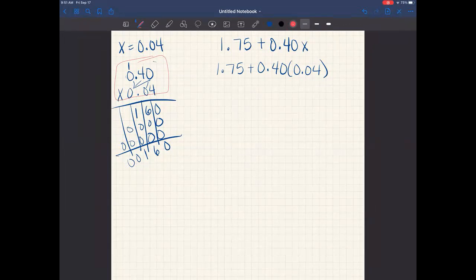So back to it. I have 1, 2, 3, 4 numbers after a decimal in my entire multiplication process. So remember, your decimal is always at the end. 1, 2, 3, 4. So now I'm at 1.75 plus 0.016. I don't have to write that extra 0 at the end because it doesn't really matter.